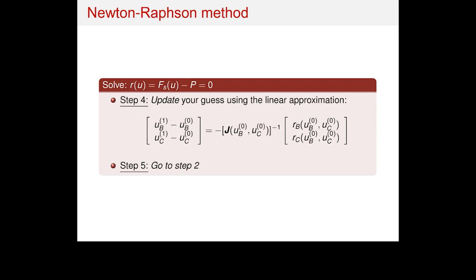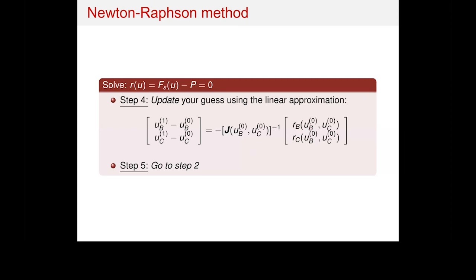So the inverse of the Jacobian multiplied with the displacement will get you the new displacement. Once you get the new displacement, you again check the residual. If the residual is correct, or if the residual is equal to 0, then this is the end of it. If it is not equal to 0, you find again the Jacobian, you inverse the Jacobian, multiply with the residual vector, you get the new displacement, and so on.